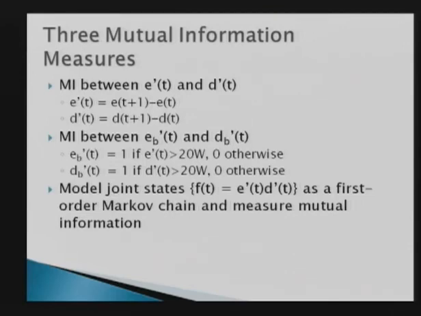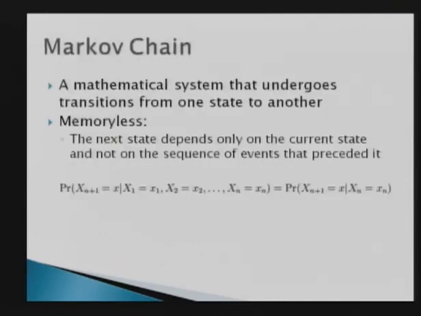And we do another experiment. Here we use the Markov model. I guess I need to give you some introduction of what a Markov chain is. So I put it here. A Markov chain is a mathematical system that can undergo transition from one state to another.